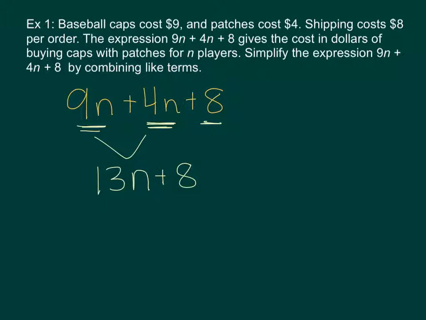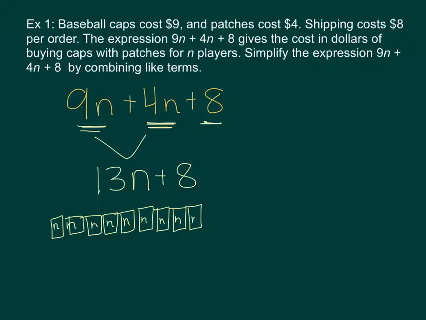Now I'm going to draw it in a bar model for you just so you can see an example. If I have 9n, 1, 2, 3, 4, 5, 6, 7, 8, 9, and these are all n. It's kind of hard to draw on an iPad. I'm sure you could do it in your notes just fine. There's 9n. And we also have 4 more n, 1, 2, 3, 4.